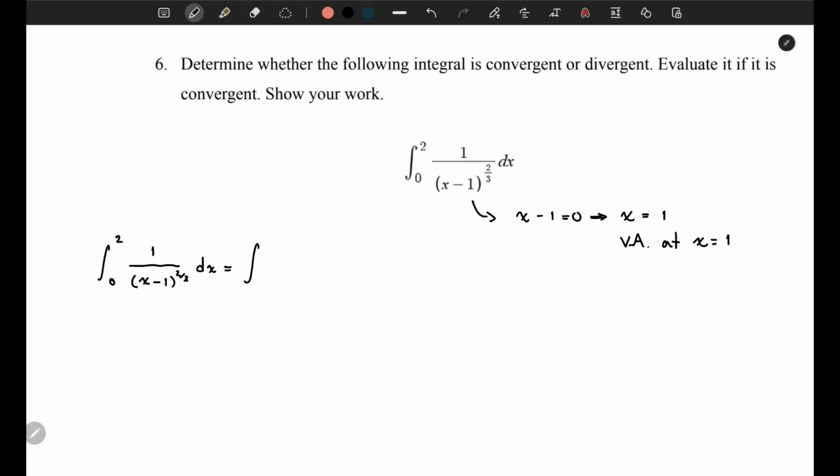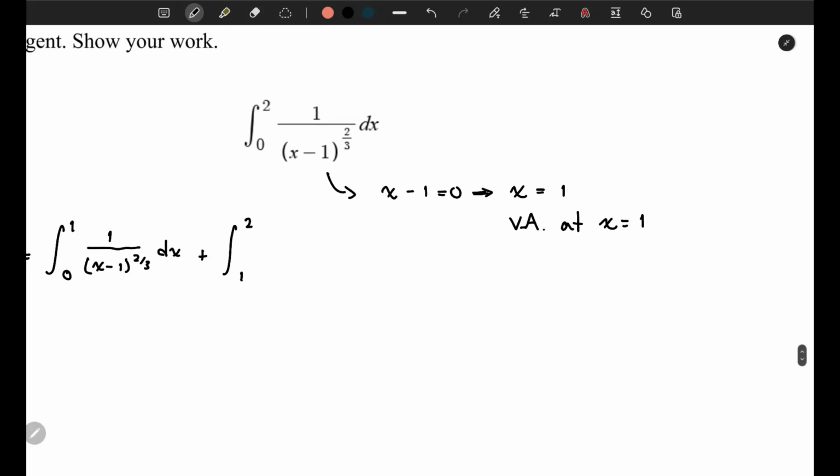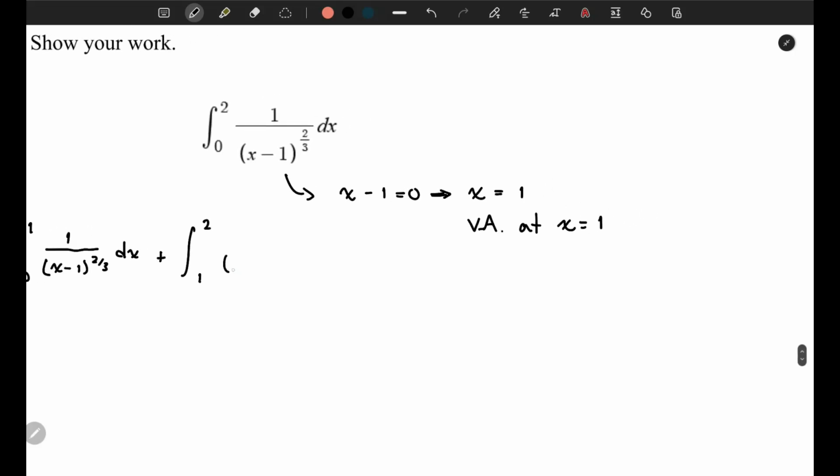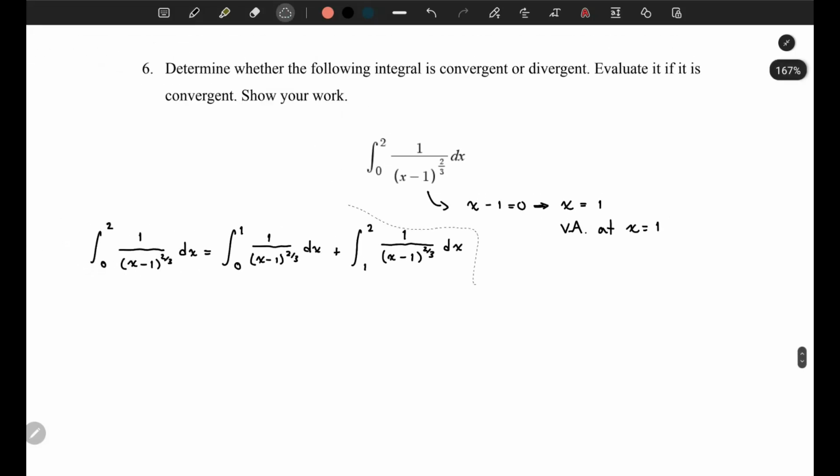So we can split this, we can say 0 to 1, and then plus the integral of 1 to 2.